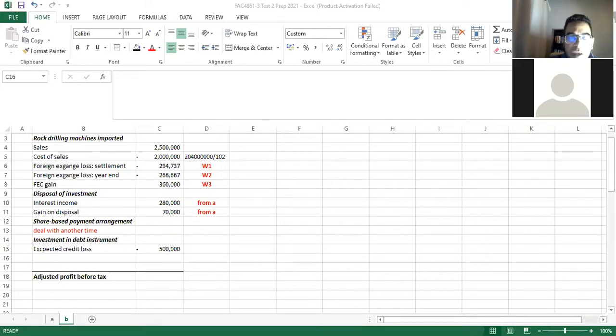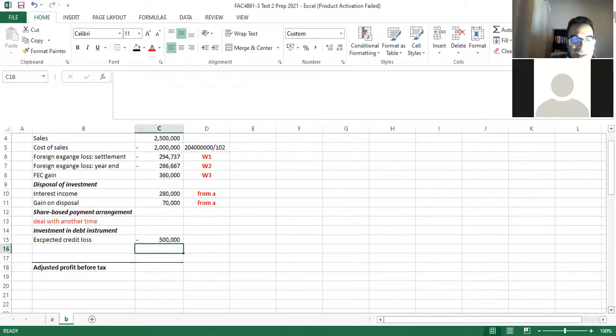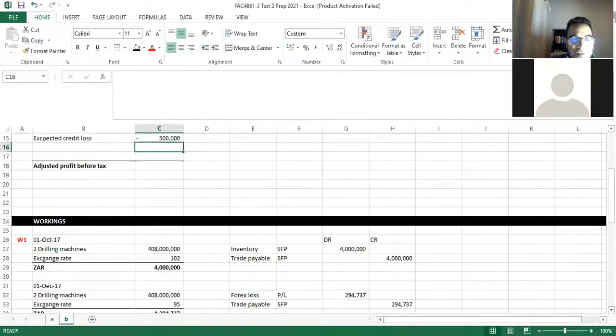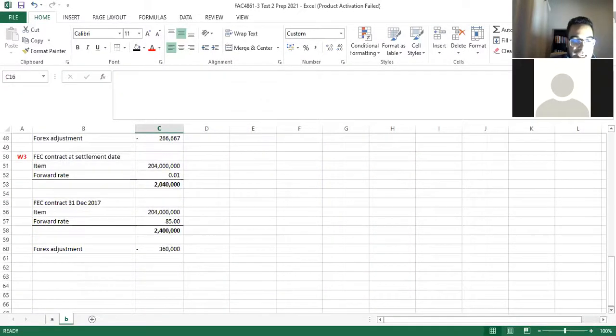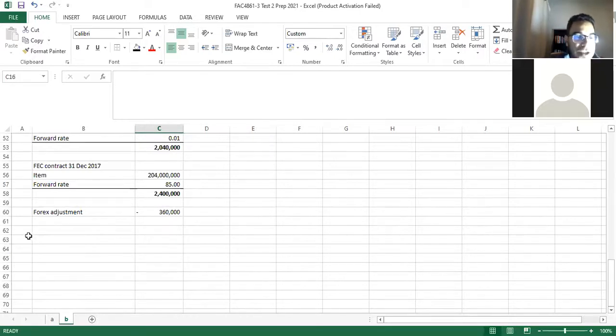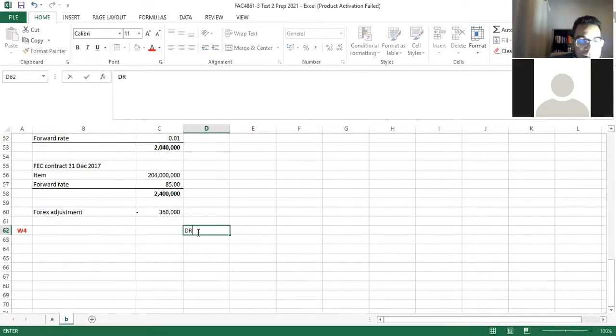Okay. So therefore, remember, with a financial asset that is mandatorily classified at fair value through OCI, just quickly, by the way, you will have two parts of the transaction. So the one part of the transaction, it looks like this.